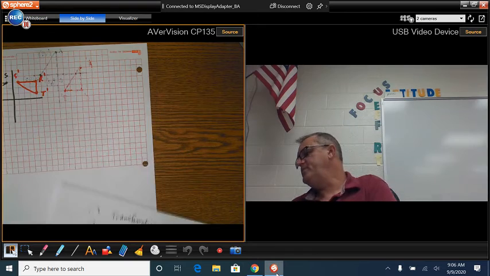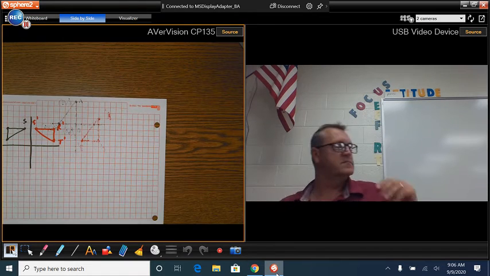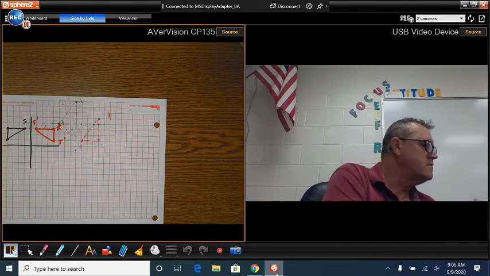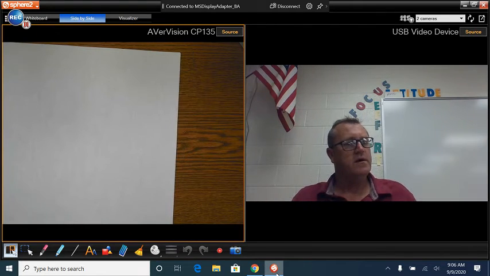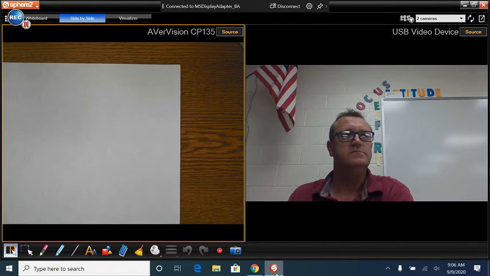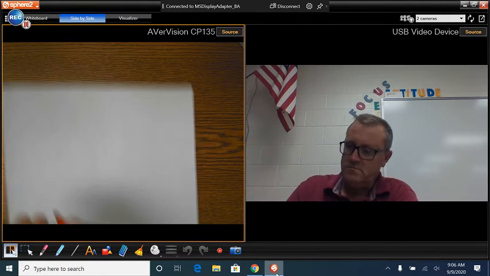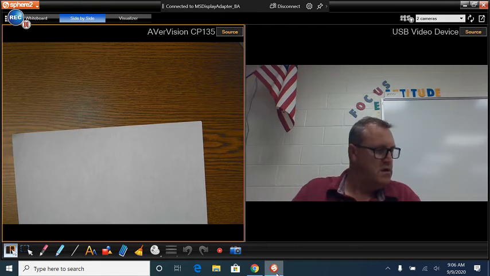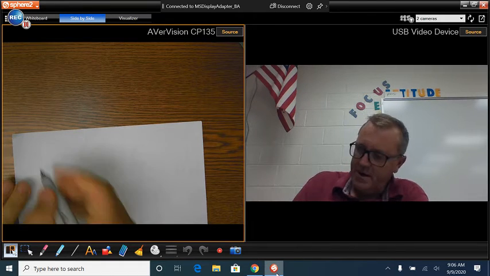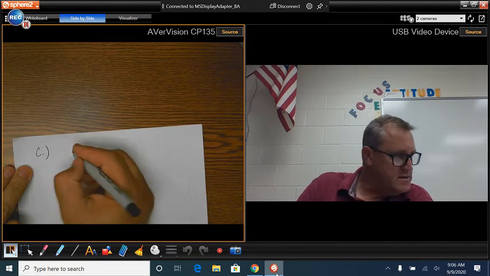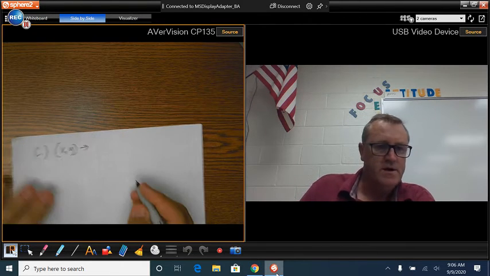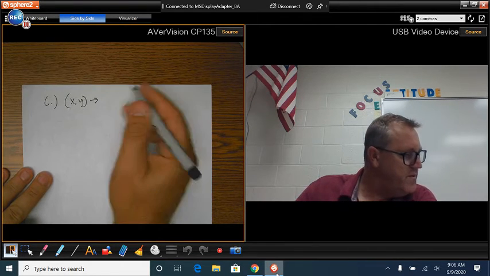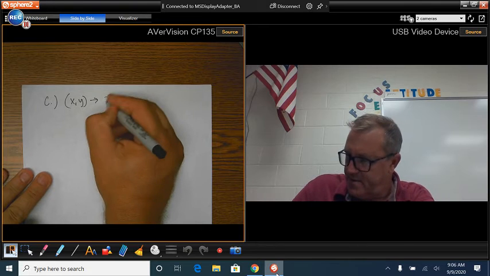Shelby, I got a new sheet of paper. Okay. Shelby, what it says is we go from XY, here's the transformation, XY to 2XY.